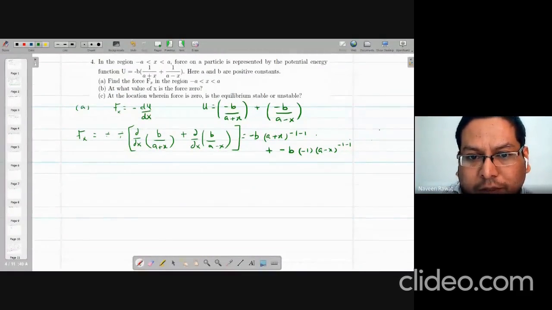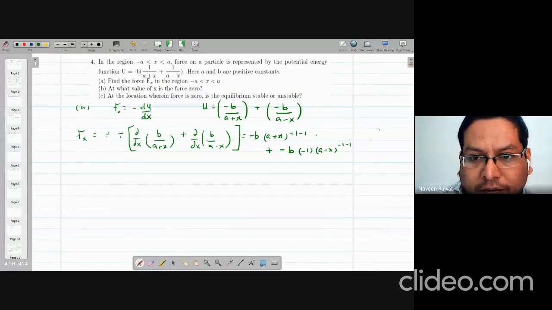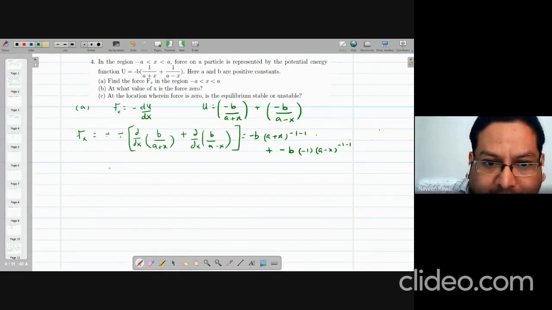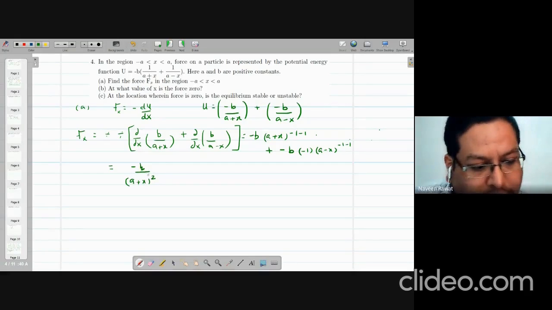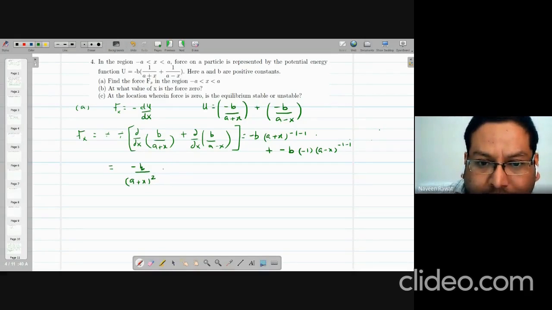The term is a plus x raised to minus 1. So when I take the derivative, I will get a minus 1, a plus x raised to minus 1 minus 1, so that will become minus 2. And then you can write it as minus b by a plus x square. So that is what I should get as the first term.